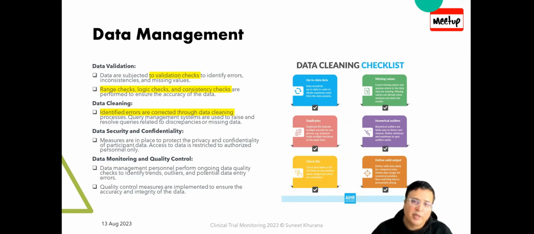These discrepancies can be if the data is not up to date, if there is any duplication, if there is any wrongly labeled ID, like one patient's data is in another patient's chart, any missing values, any numerical outliers. If the units are not consistent, sometimes it's milligrams, sometimes grams, somewhere kilograms, and sometimes pounds per region. So they will look at all this stuff and make sure that it's consistent and reliable.